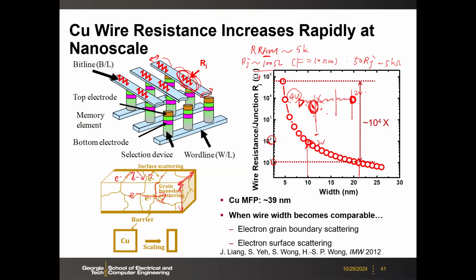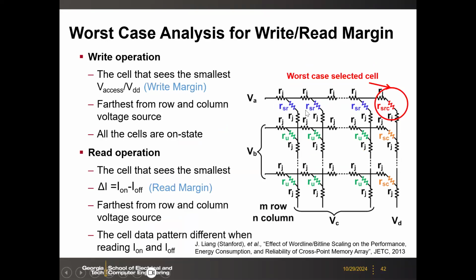But anyway, here we have to evaluate the write margin, which is what we just discussed. Think about the worst case analysis: the last cell. The access voltage means the actual voltage across the last cell compared to what you applied here. For the read operation, what you care about is the delta I, for current mode sensing.